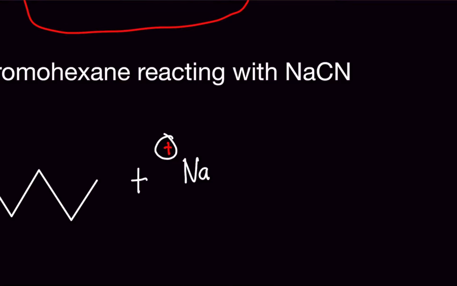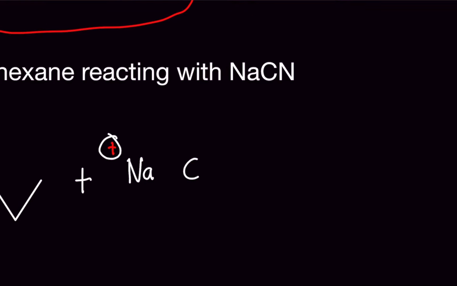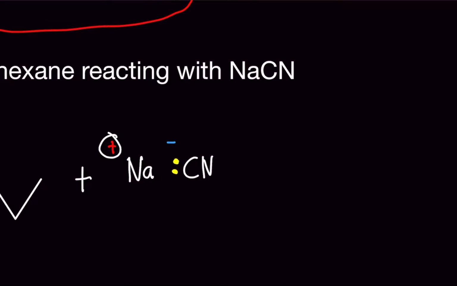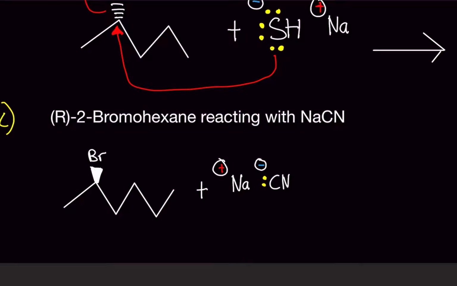And then there is the cyanide part of it. And the cyanide is what's doing the reacting. The cyanide has 2 lone pairs. One lone pair. And you put the negative charge here. And then we draw it in.